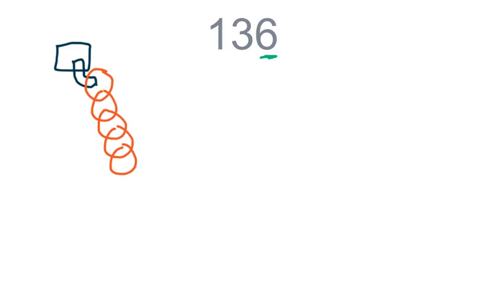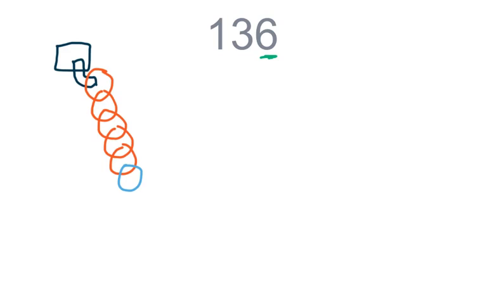How many chains do we have right now? 5. But we need 6, so we need to add one more. What color chain are we going to add today? If you said blue, nice job. Remember, we do our chains in sets of 5. 5 reds and then 5 blues to make a set of 10.